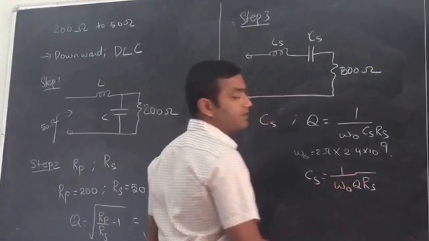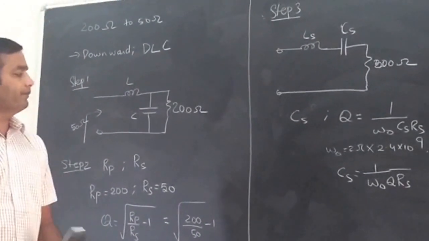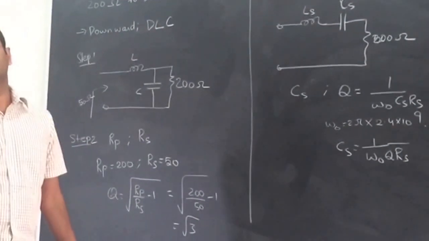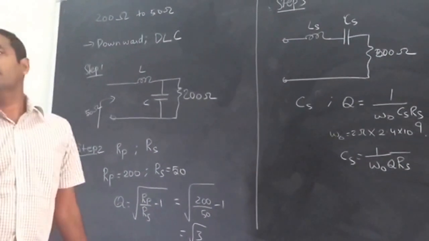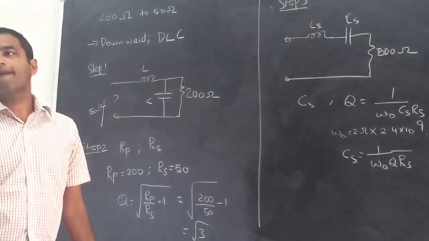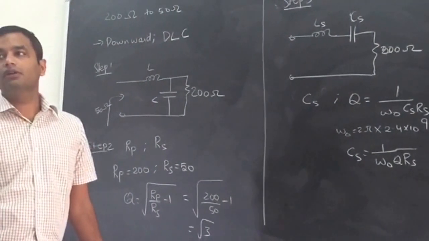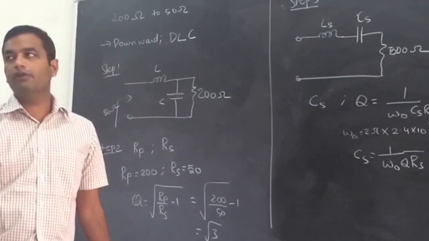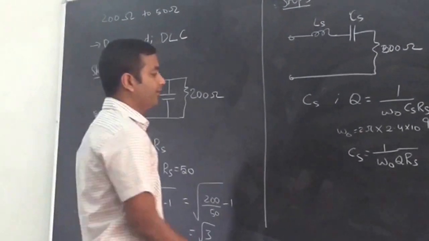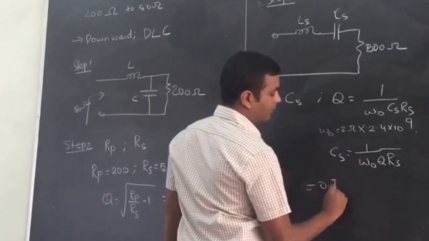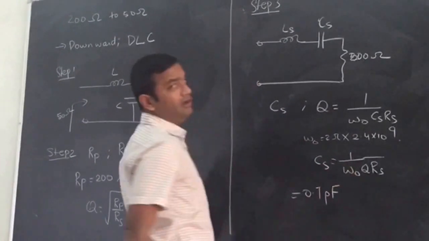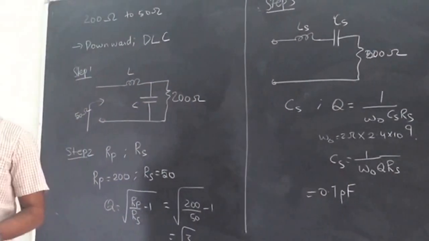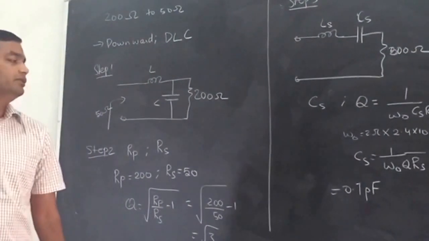Tell me what is CS? 0.7 picofarad. All of you getting it? 0.7 picofarad. Use your calculators.